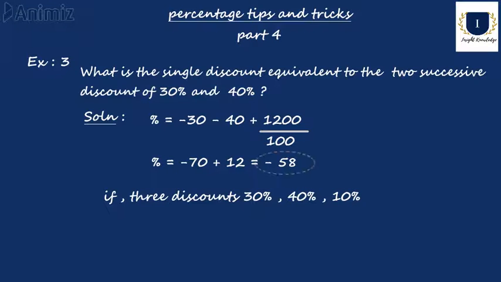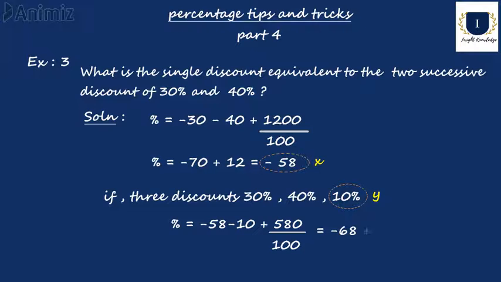Here take 58 percentage as X and 10 percentage as Y. That's it. So minus 58 minus 10 plus 580 divided by 100. By reducing it, we get minus 68 plus 5.80, and the last result is minus 62.20 percentage in total. You got it, students?